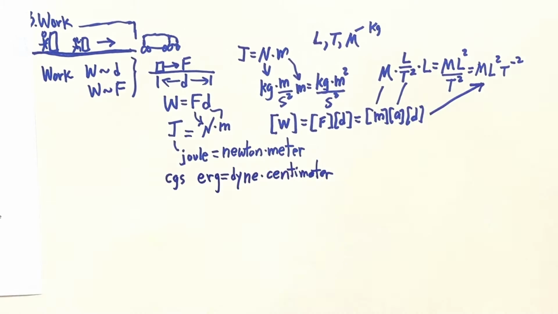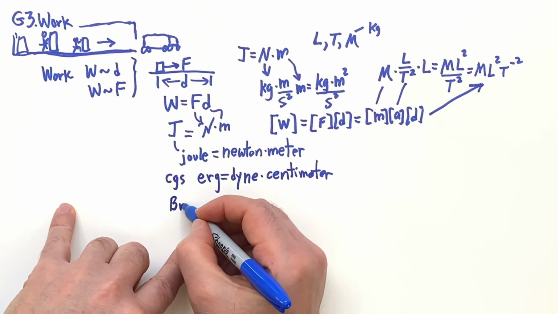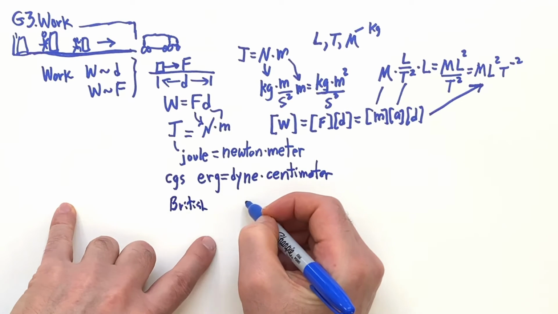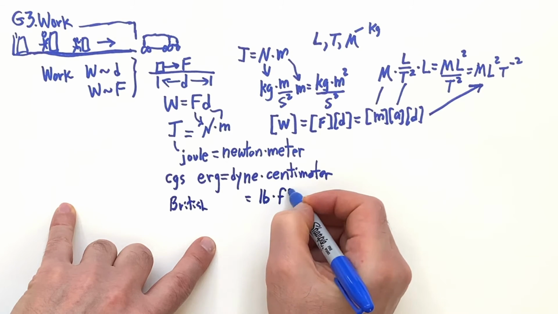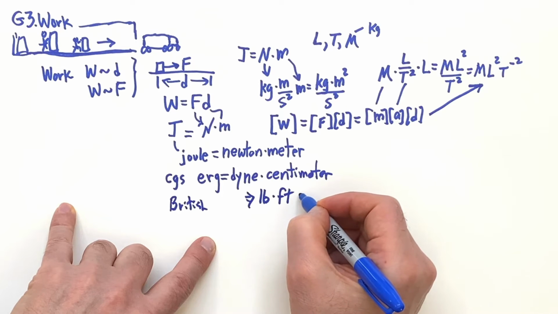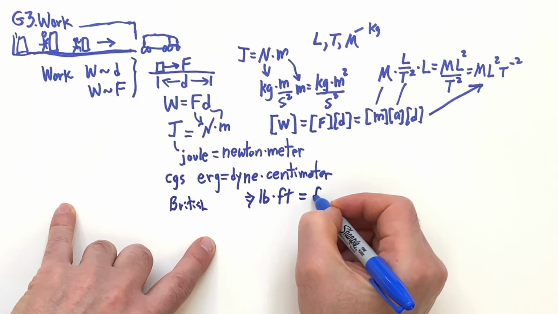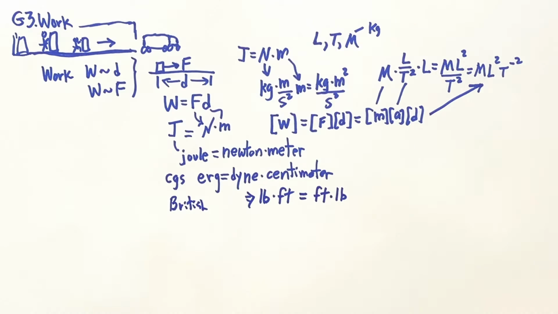I see that, by the way, in crossword puzzles a lot. And then in the British system, you would have here pounds times feet. But they just call that pounds, feet, or if you like foot pounds. That kind of sounds maybe better that way in English, so they say foot pounds.